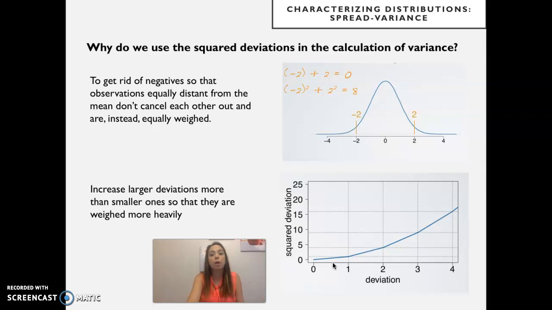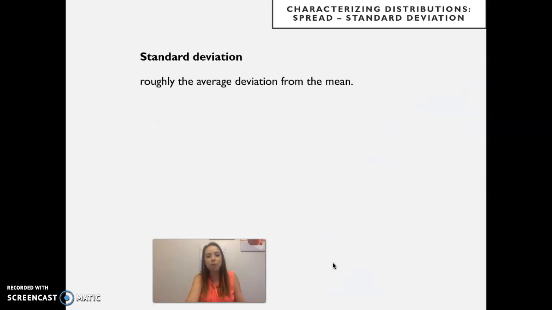Now, how do we solve the problem that we end up with something that's not meaningful? Well, we solve the problem by having a measure that is in the scale of the data and at the same time does the nice thing of penalizing more the deviations that are large, which is the standard deviation. For the variance, we compute the square deviations of every observation from the mean, then we sum them all, and we divide by the number of observations minus 1.